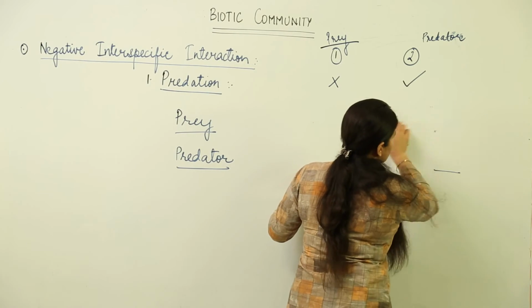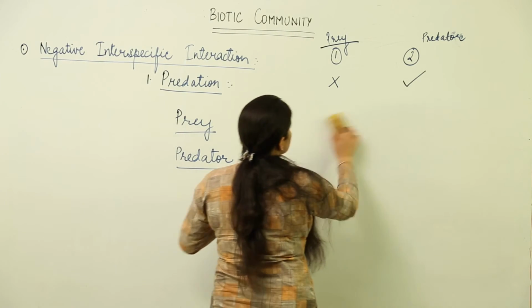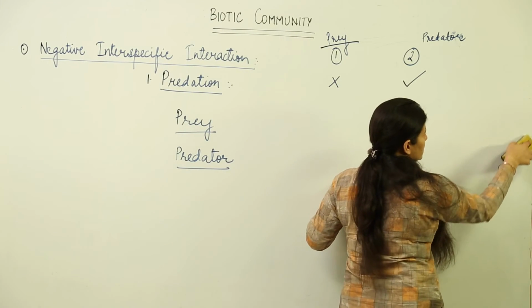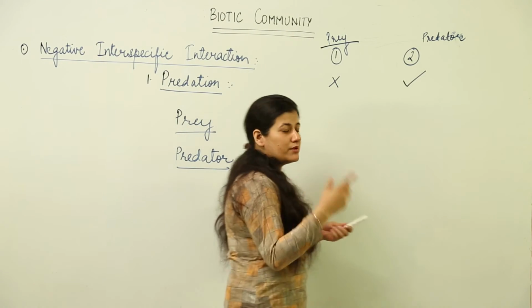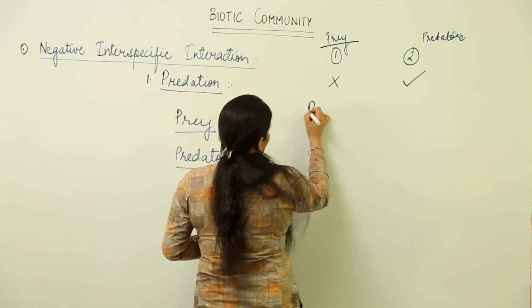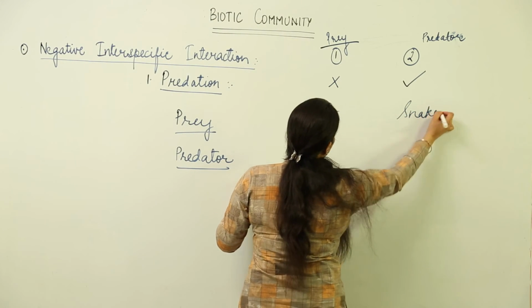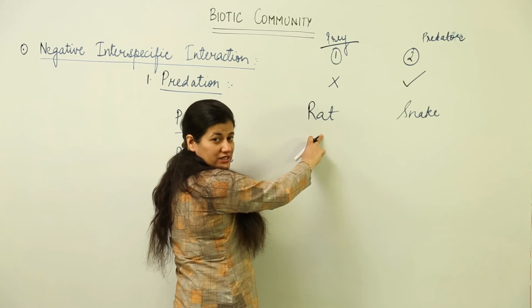Now, what are those examples? Simple examples. This is not a complex term, this is not a typical term, it is the simplest one. Let the rat be a prey and the snake be a predator. The snake would kill the rat and then afterwards eat it.